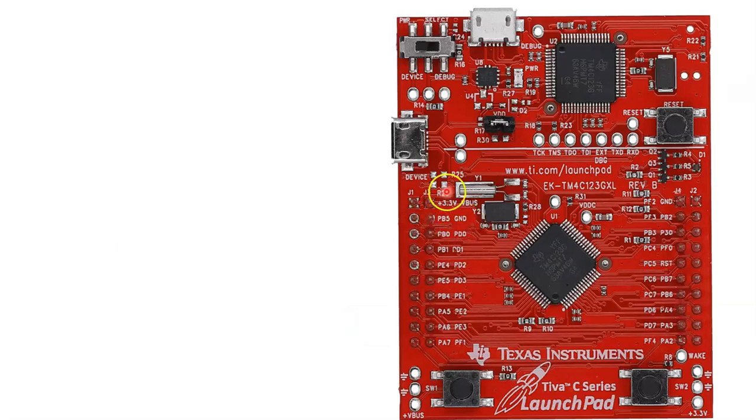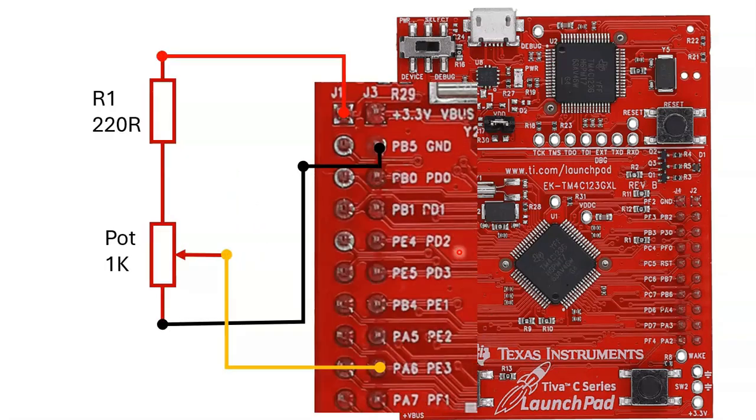Here is the LaunchPad board, and I'm going to zoom in on here and also repeat the schematic. All right, so this is the zoomed-in version of the board with the pins labeled, and I repeated the schematic here for clarity purposes.